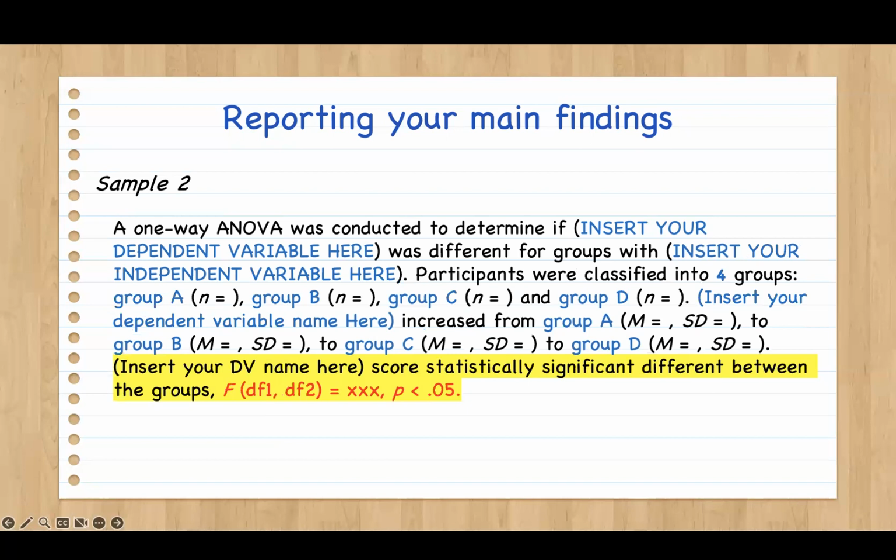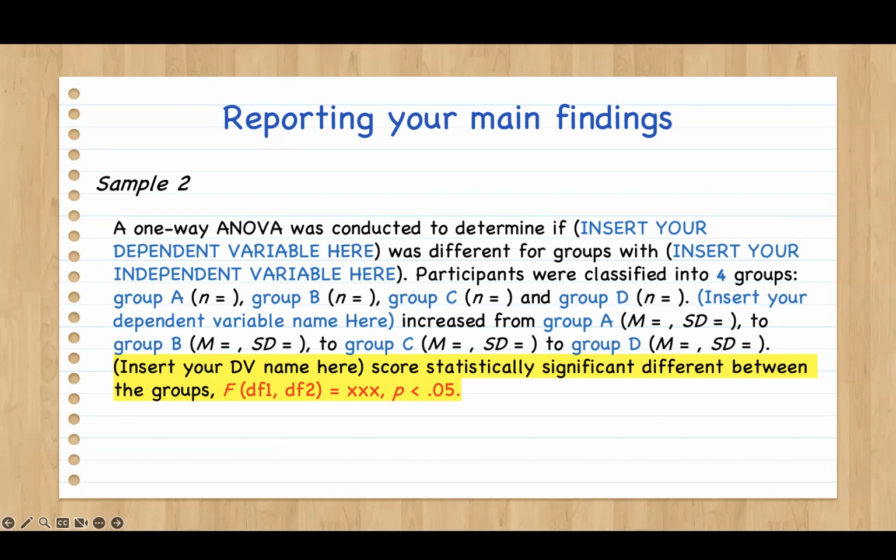Here is another sample. You may pause the video and see that a one-way ANOVA was conducted to determine if the dependent variable was different for groups within your independent variable, and the number is increased or decreased, with differences between group A, group B, group C, or group D. The p-value here is smaller than 0.05.